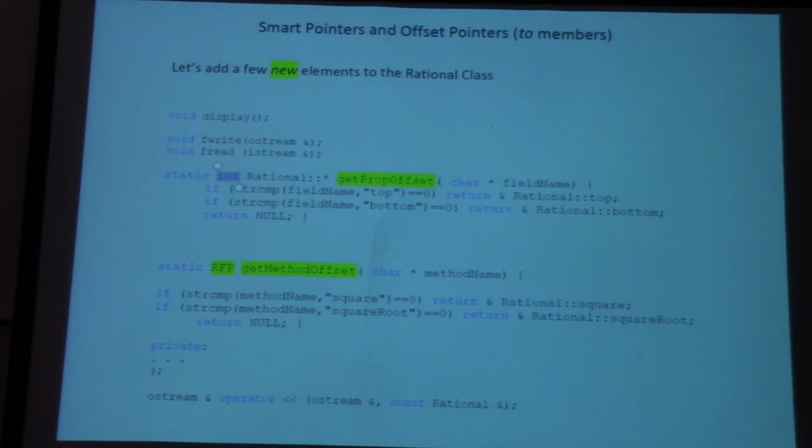If the string comparison of the field name you sent and top returns 0, they are the same. So I will return to you rational::top, its address. I will return to you the address. And the type of the address is a rational int pointer. Okay?